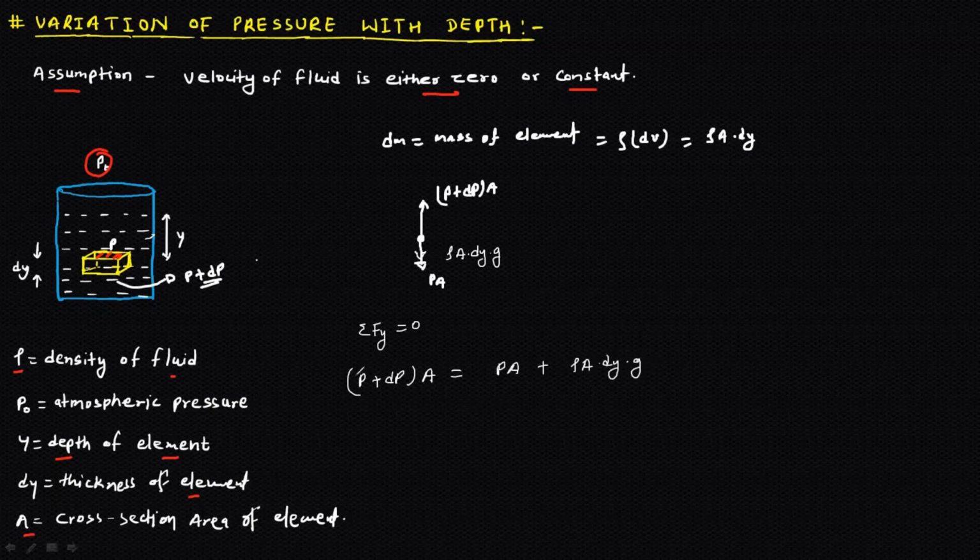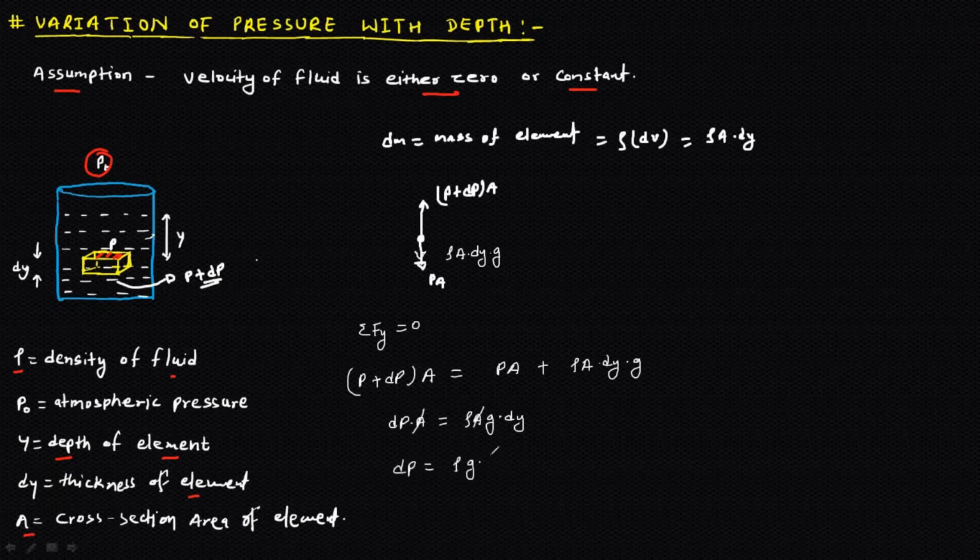P multiplied by A cancels out, and the remaining part is dP multiplied by A equals rho A g multiplied by dy. That is the equation. Now we can cancel A again, so dP equals rho g multiplied by dy.